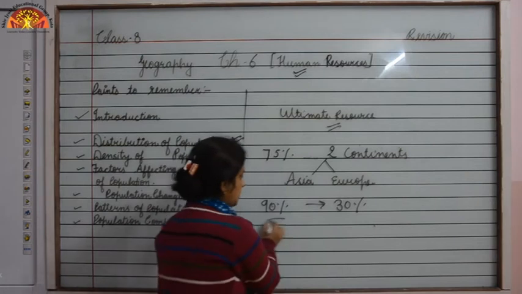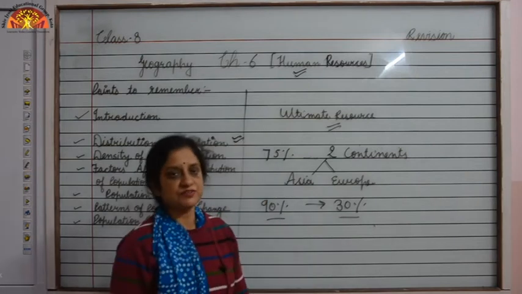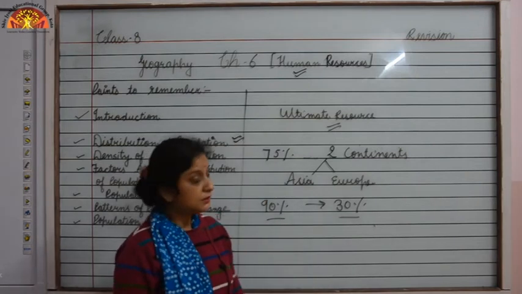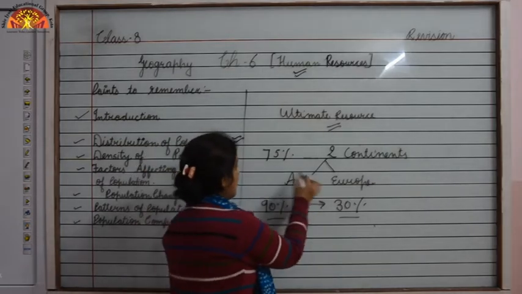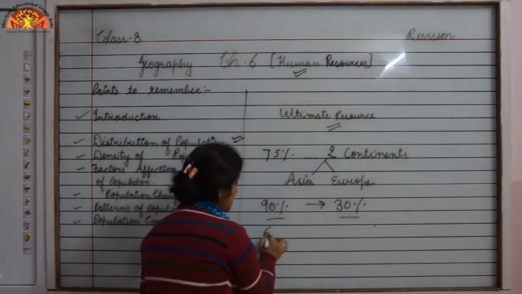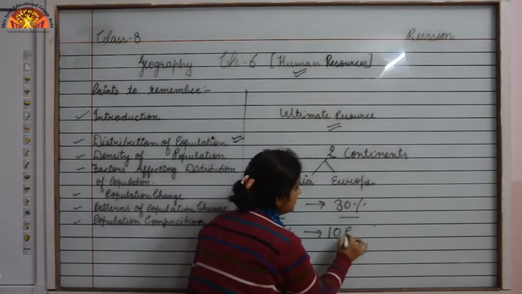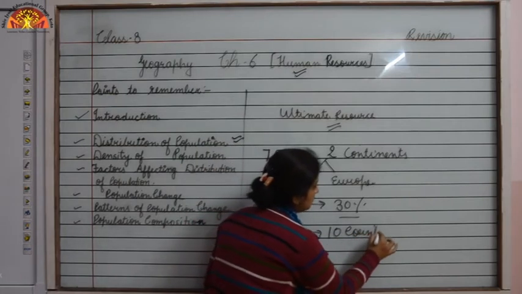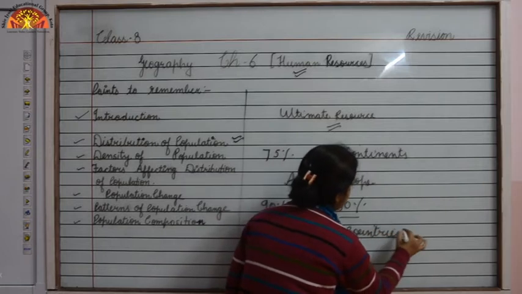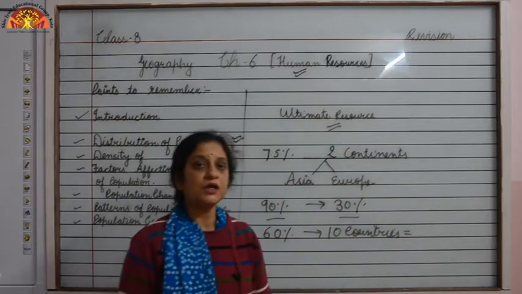So we can say that population is not evenly distributed over the surface of the earth. Now the next is 60% of the people live in only 10 countries. I am just telling you this to prove that the distribution of population is not equal.